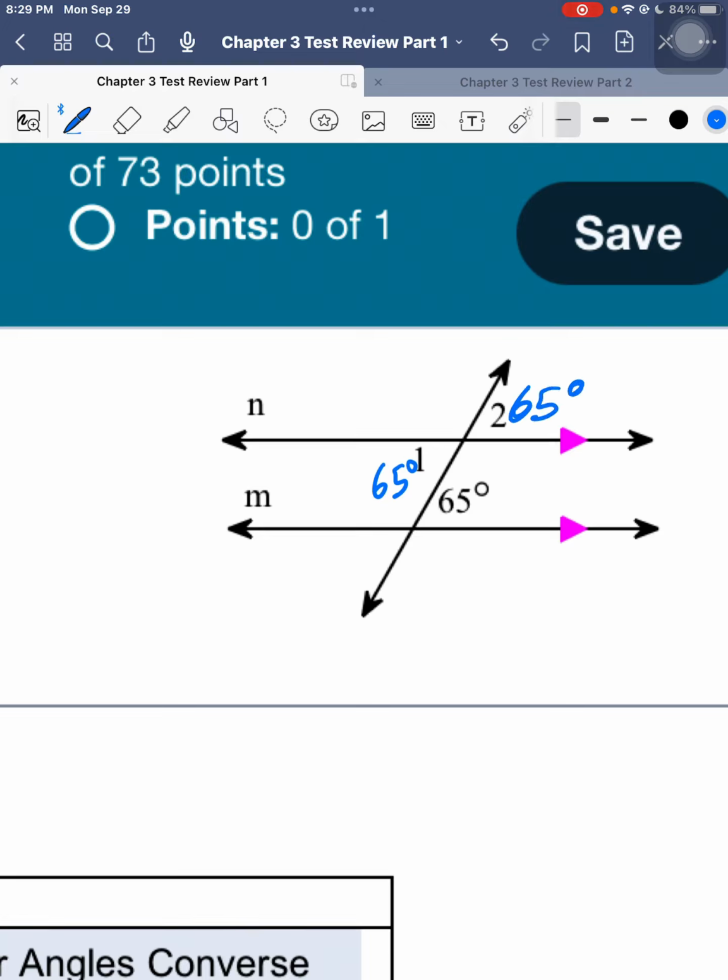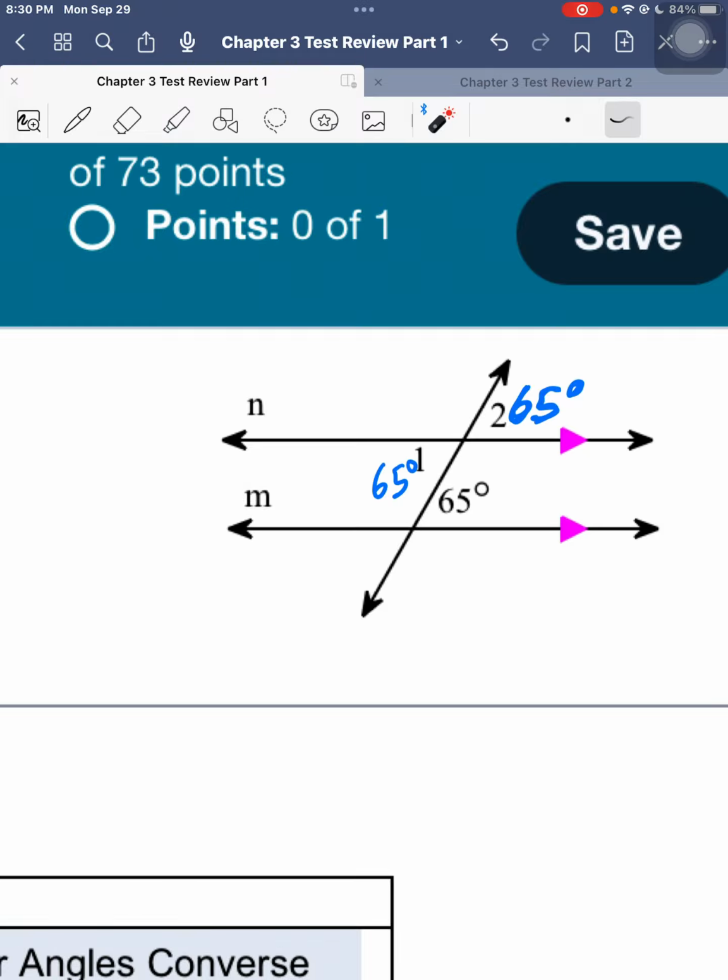Now, how do I find the measure of angle 2? The measure of angle 2 is also 65 degrees. How do I know that? I know that because 65 and the measure of angle 2 are what of each other? They are in corresponding positions. Therefore, they are corresponding angles.